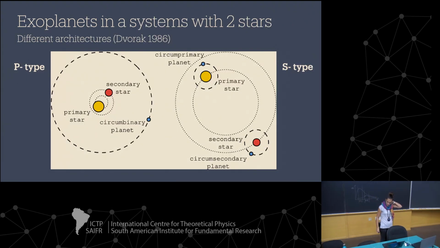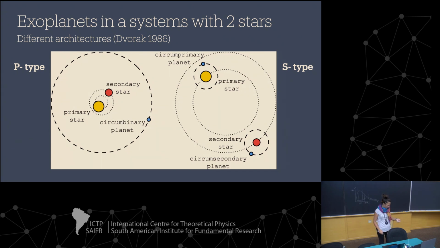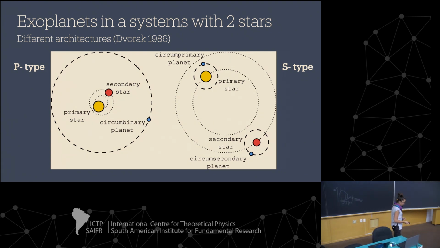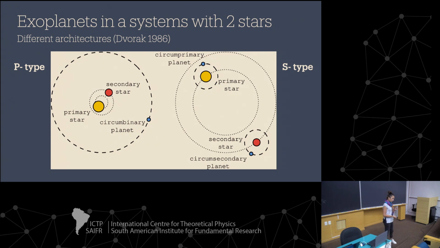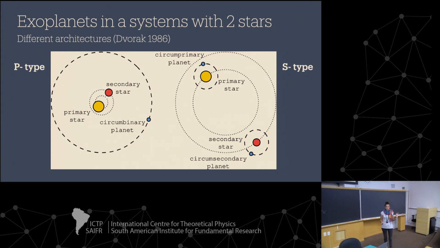Okay, so let's move on now to exoplanets in a system with 2 stars. We have the P-type exoplanet and S-type exoplanet. Again, P-type is also called circumbinary, and the S-type is called circumstellar. What's the difference?